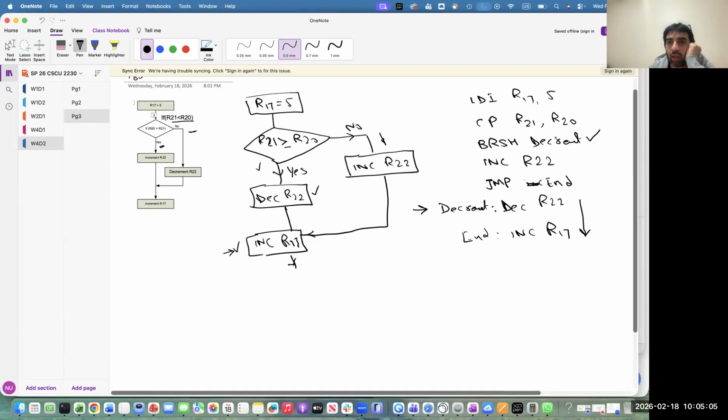But if R21 is not same or higher than R20, which means R21 is less than R20, then the branch will not be taken to the decrement label, and the next instruction in sequence will be executed, which is increment R22, and then I will jump to the end. So here, increment R17. Okay.